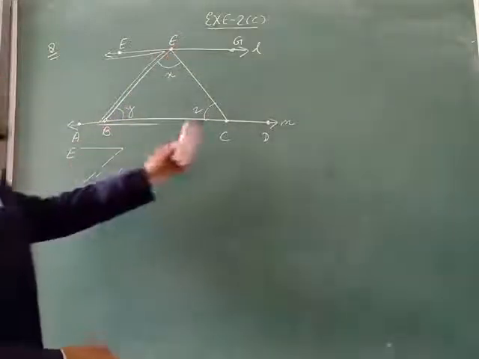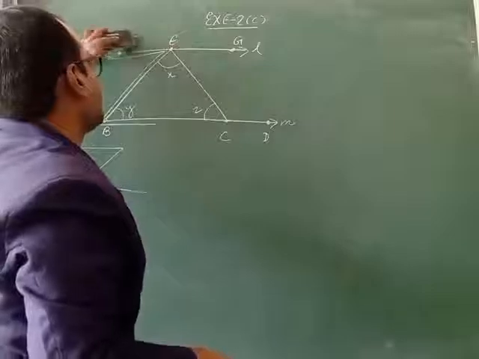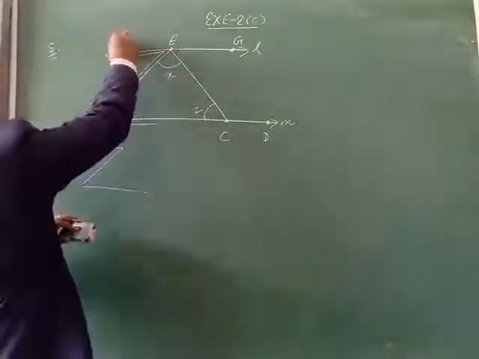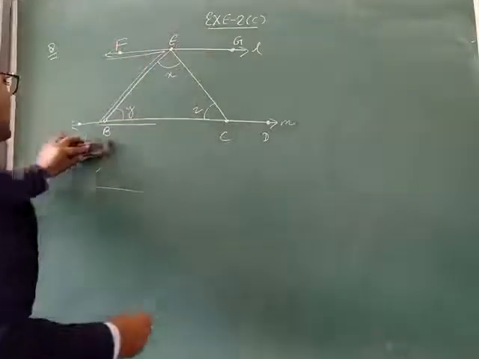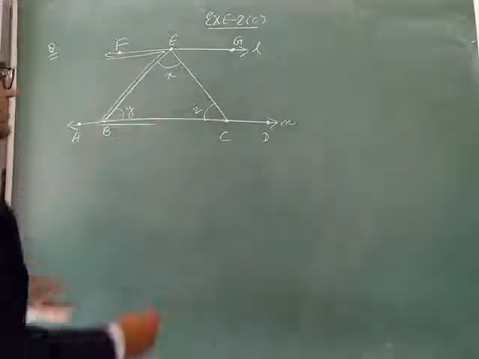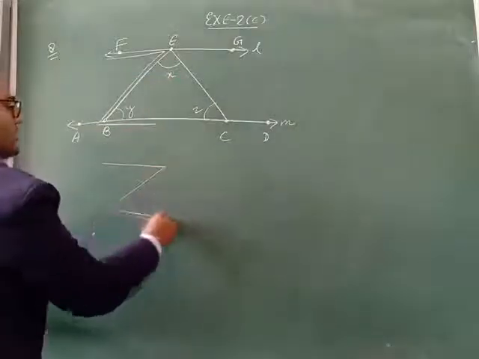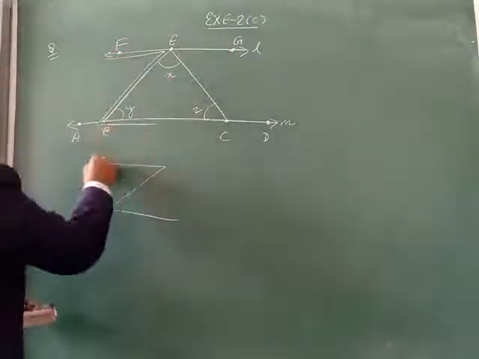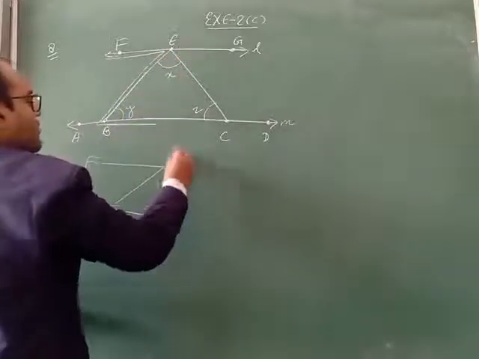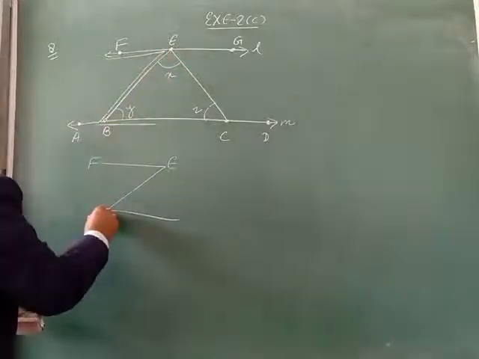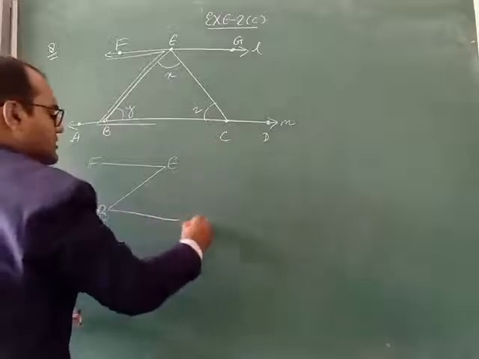A, B, C, D, E. Here we will write F. So we are taking a Z shape figure. First of all, we will draw the Z: F to E we will go, then E to B, B to C.